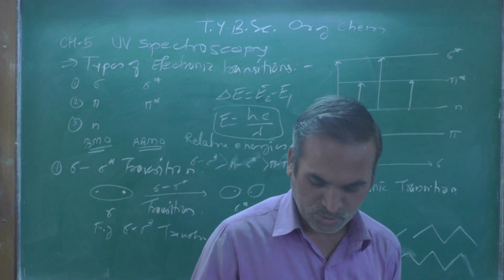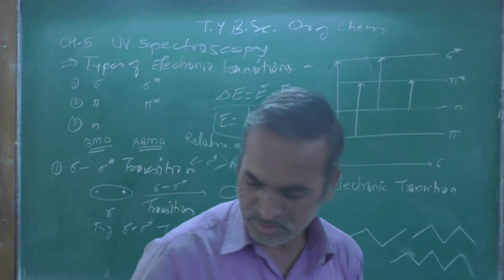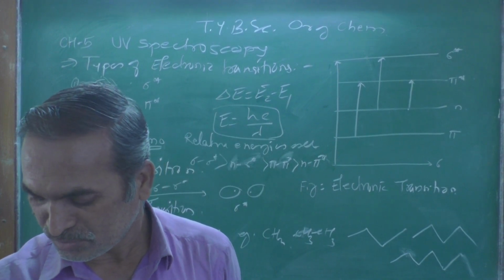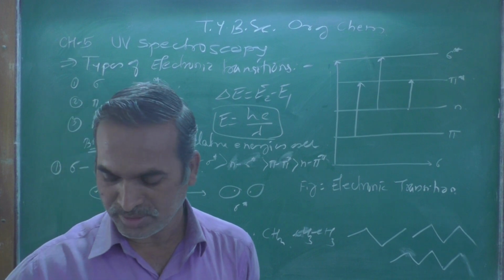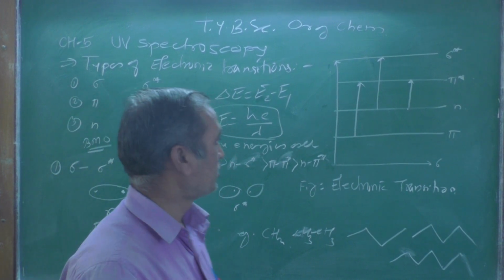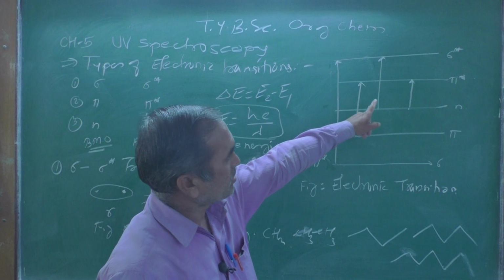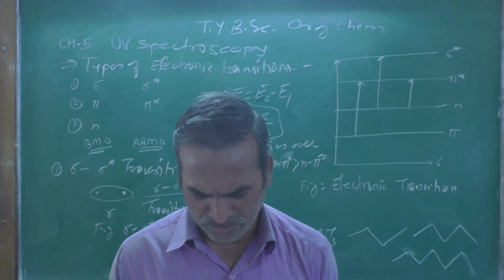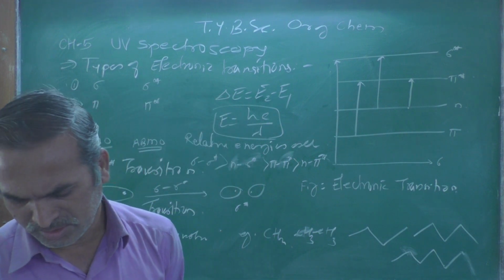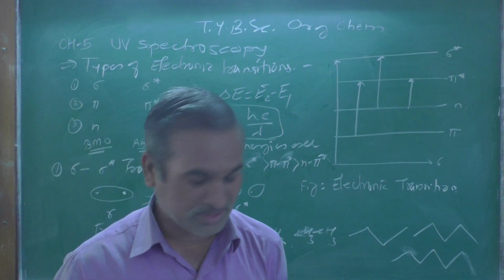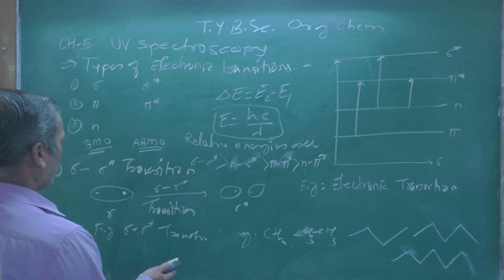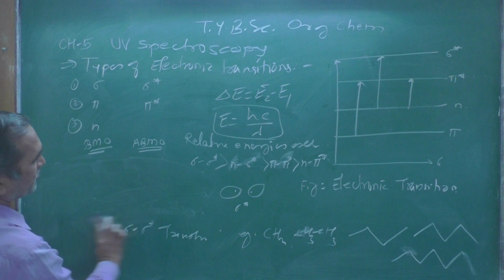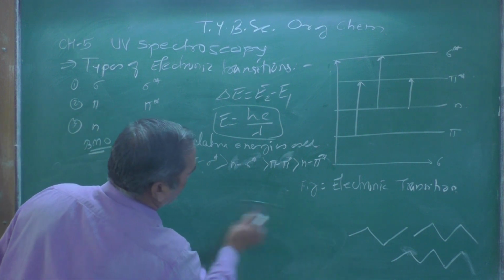Now let us move on to the next point. The next point which we are going to discuss, the second one, is the n to sigma star transition or pi to pi star transition. Let us see the pi to pi star transition. Here sigma to sigma star transition, let me show here only.